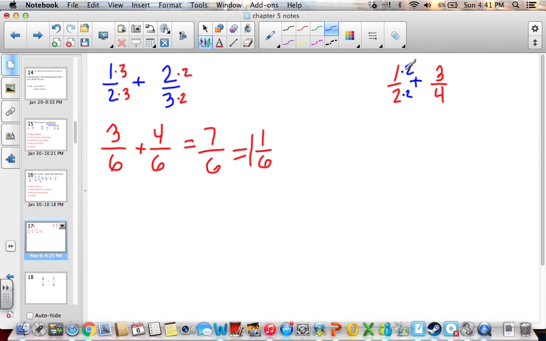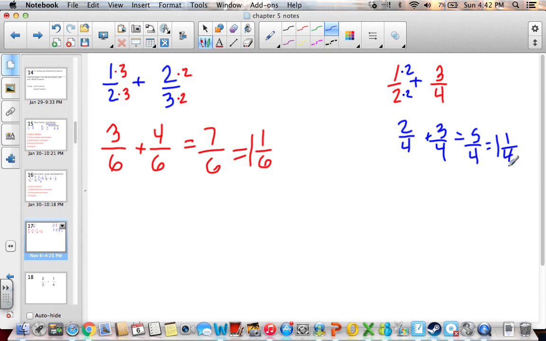And I can multiply both my numerator and my denominator to get it into fourths. So now I have 2/4 plus 3/4 which then equals 5/4, which is 1 and 1/4.